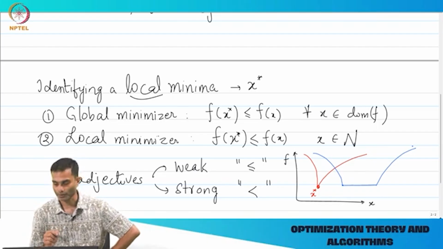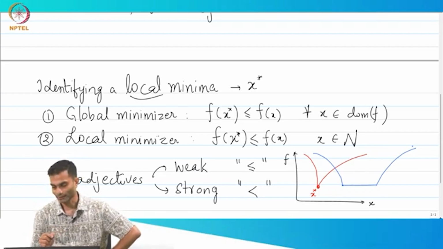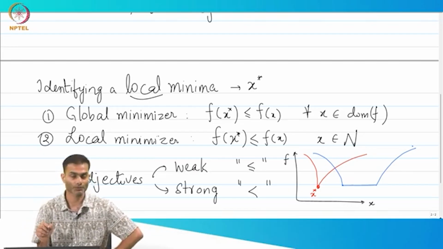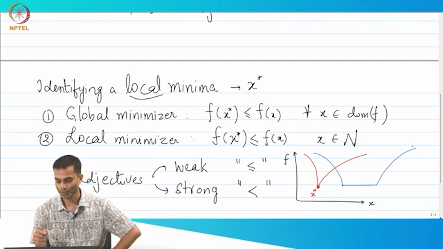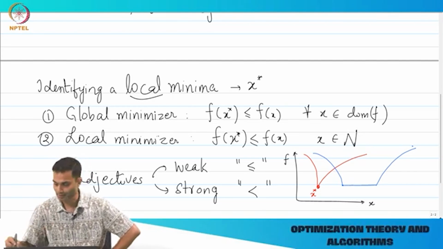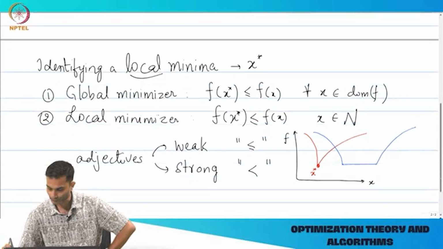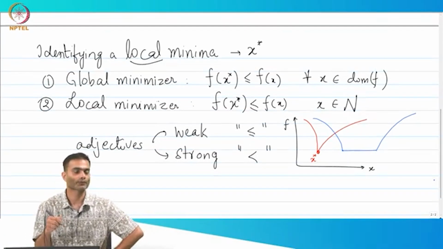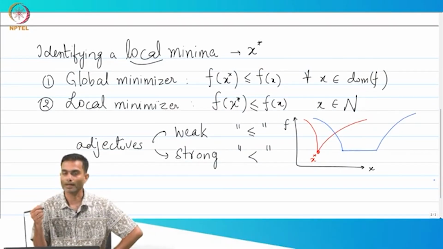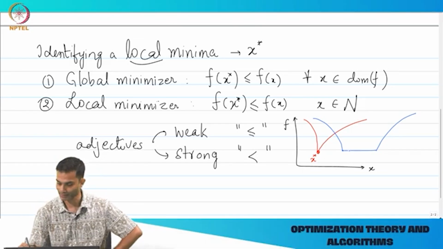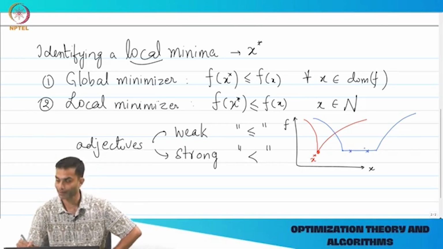So these subtle points can become hard to verify in multiple dimensions, right? Usually we are kind of careless about less than equal to or less than, but this can make a big difference. So if different people are solving the same problem from different starting points and they end up with different solutions, that's possible, right? One person started and ended up here, another started and ended up here.